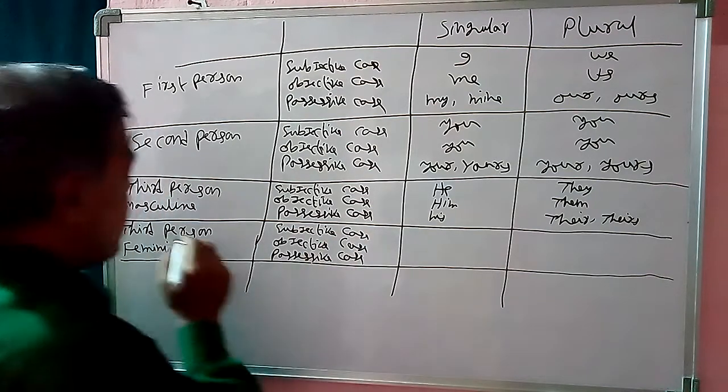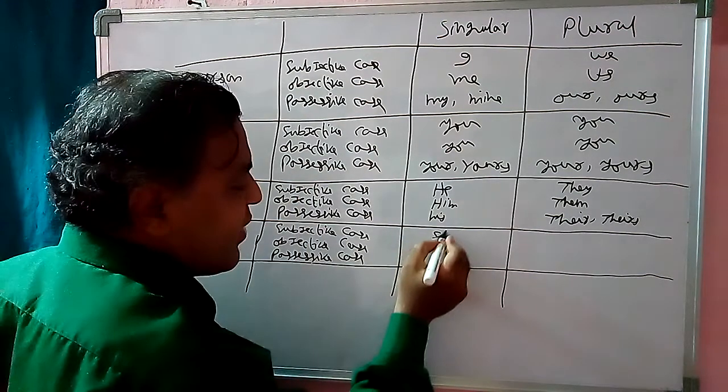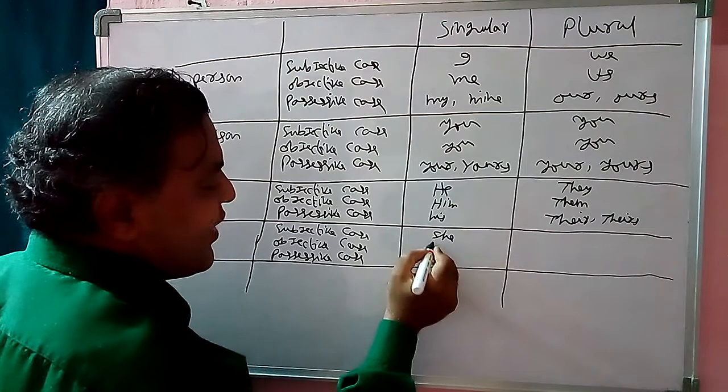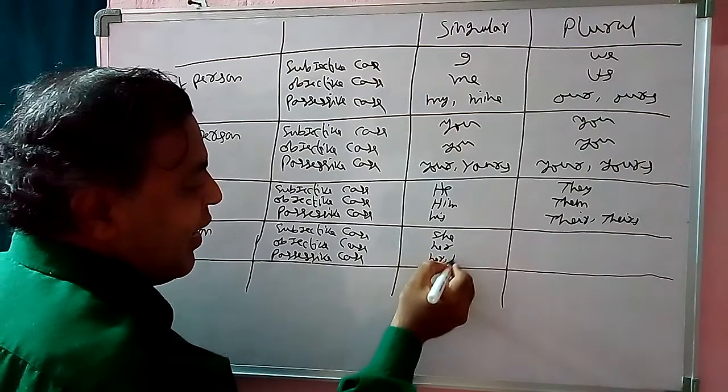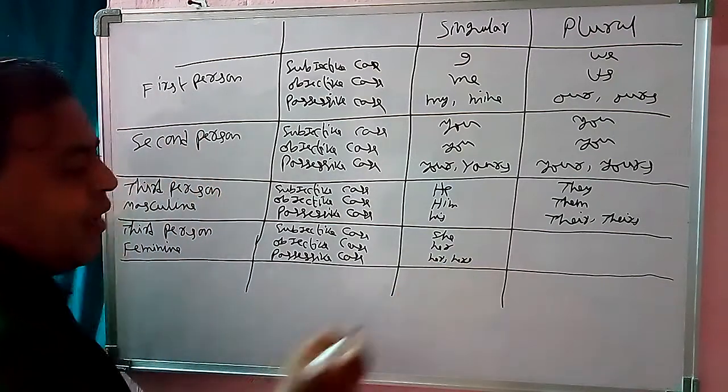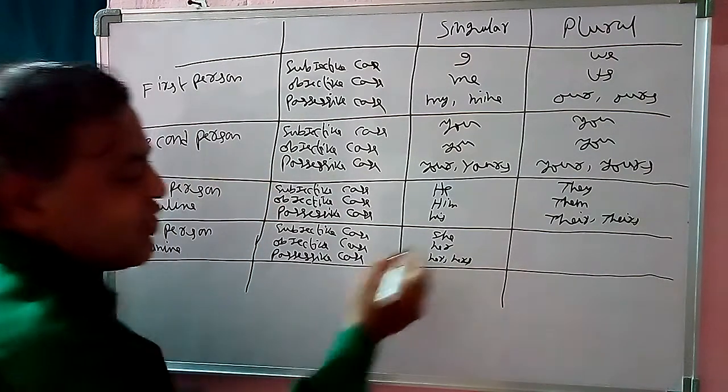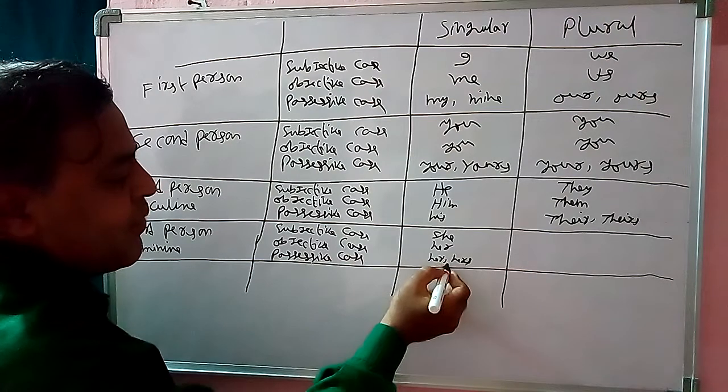Third person singular: subject case she, object case her, possessive case her, hers. She, subject; her, object; hers, possessive.